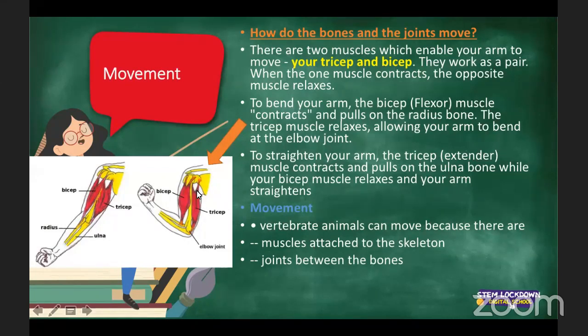Therefore, we're going to focus on 1, 2, 3. To bend your arm, the bicep flexor muscle contracts and pulls the radius bone. The tricep muscle relaxes, allowing your arm to bend at the elbow joint.